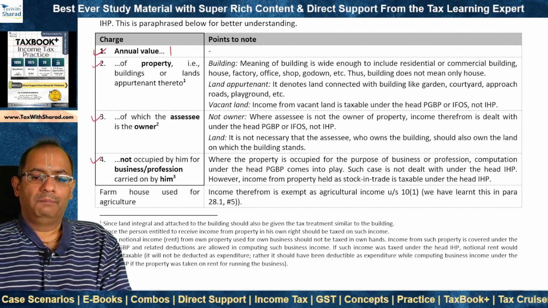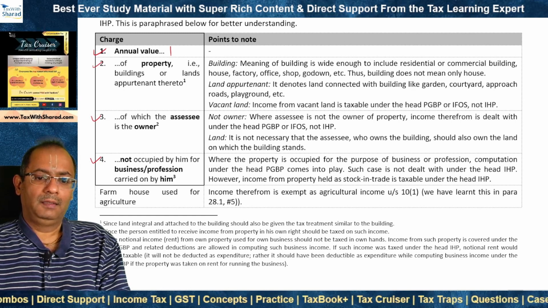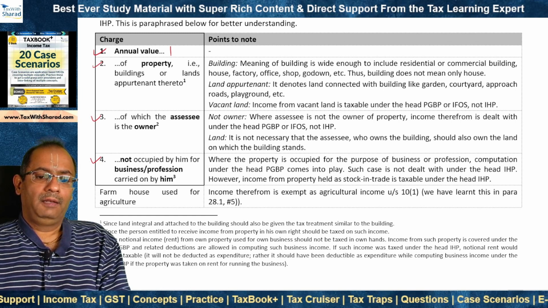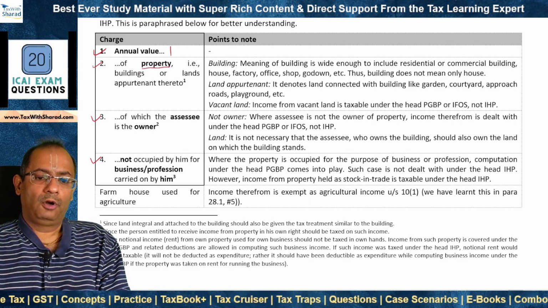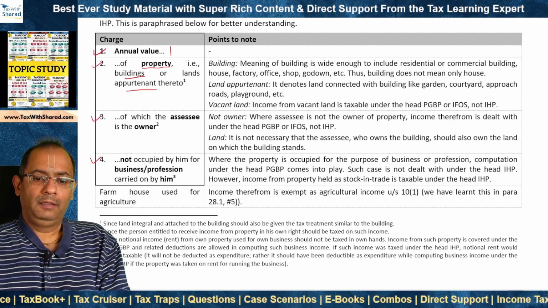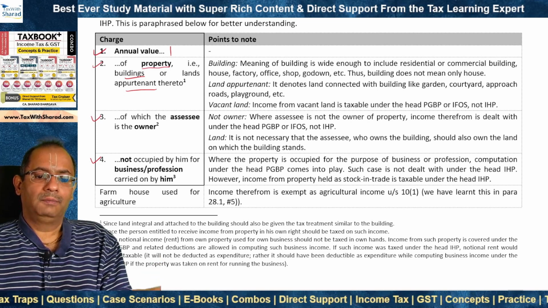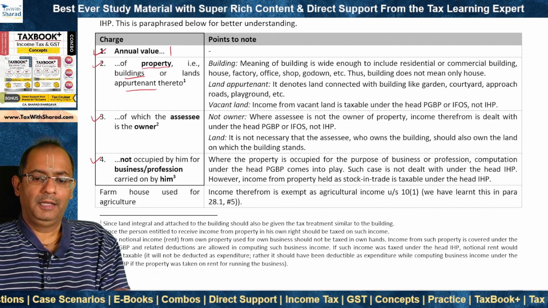So annual value is computed as per the provisions, and that is the amount that is chargeable to tax under the head IHP. The annual value needs to be of property, that is buildings or lands appurtenant thereto. So annual value not only of the buildings but also of lands appurtenant thereto is chargeable under the head IHP.